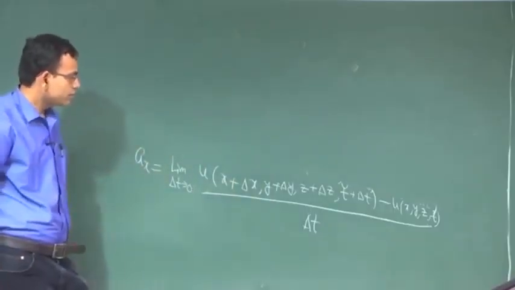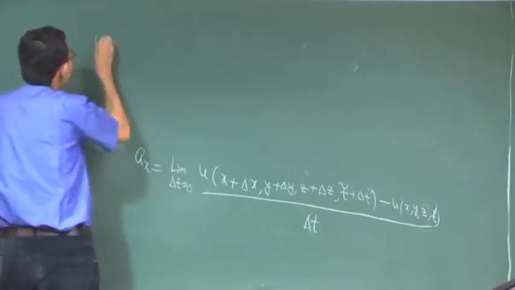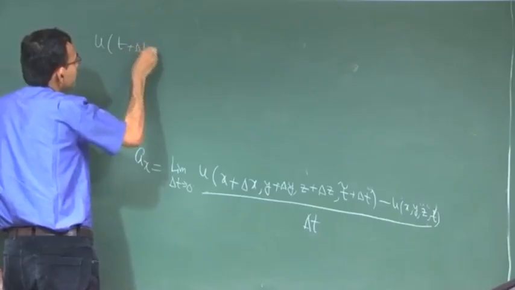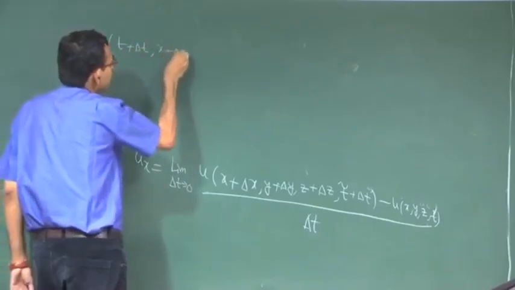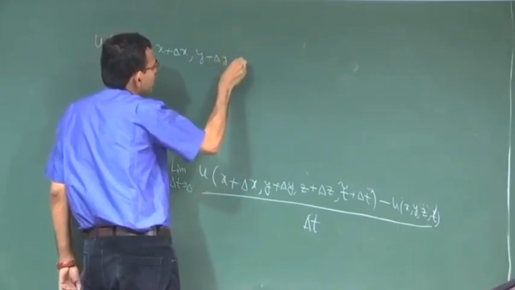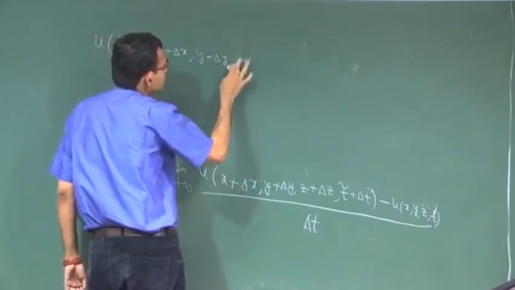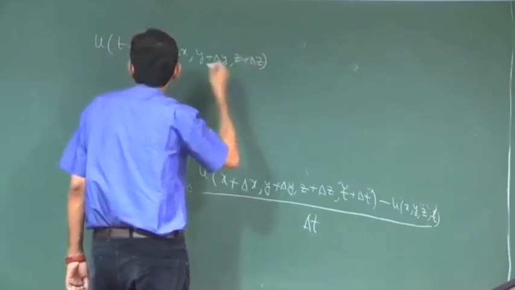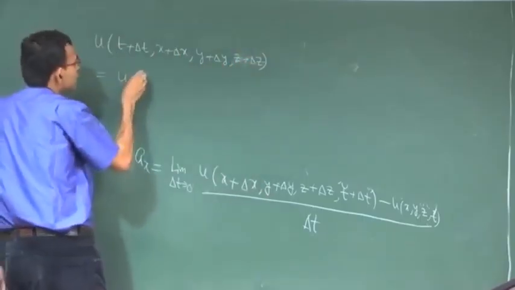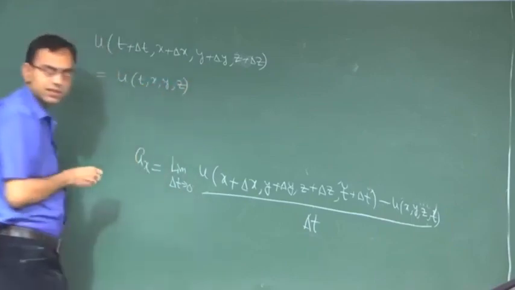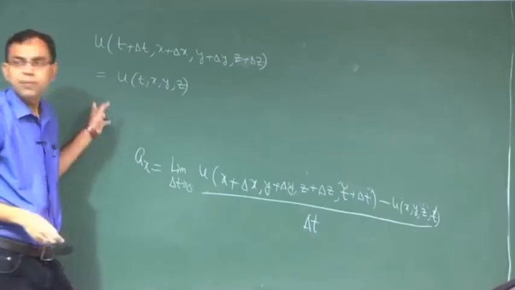So, now u at t plus delta t, x plus delta x, y plus delta y, z plus delta z is nothing but u at t, x, y, z. I am just writing t first because I will write the time derivative first.